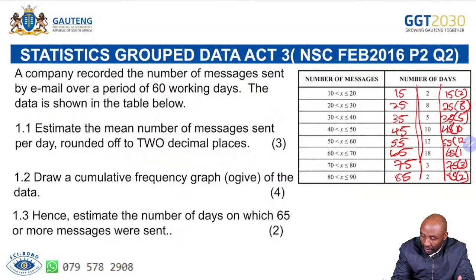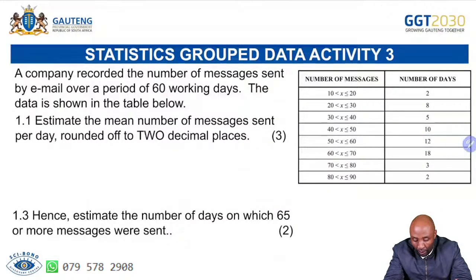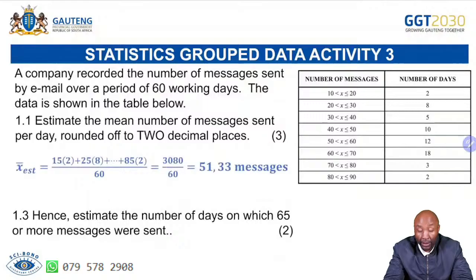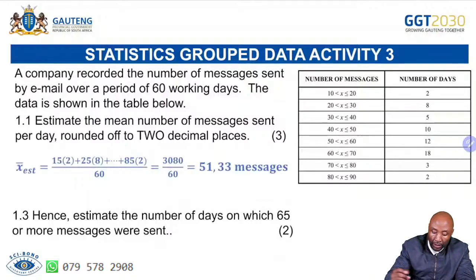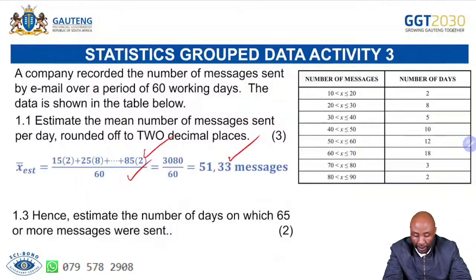We add this, it should give us a sum of 3080, and we divide this by 60, we get 51.33 messages. So it's a method, division by 60, and answer, we get 51.33 messages.